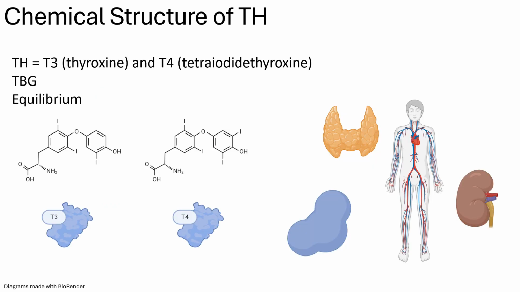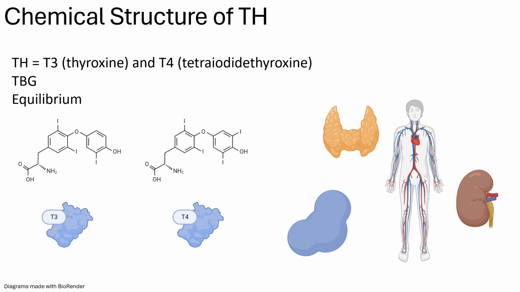The thyroid hormone itself, the hormone that this organ right here secretes, because there's a number of thyroid hormones, right? But the one that's secreted by the thyroid organ on your neck consists of two molecules, T3 thyroxine and T4, which is tetraiodothyroxine.